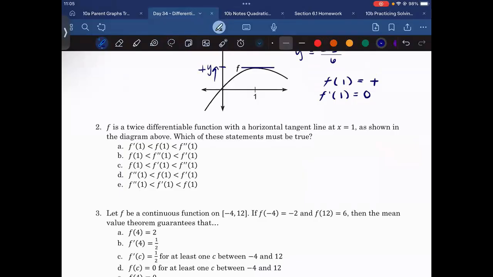And then it is concave down. Remember, concave up means the second derivative is positive. So this is concave down, which means it's negative. Second derivative is going to be a negative number. And again, it doesn't matter what that number is. All we need to know is a positive or a negative.